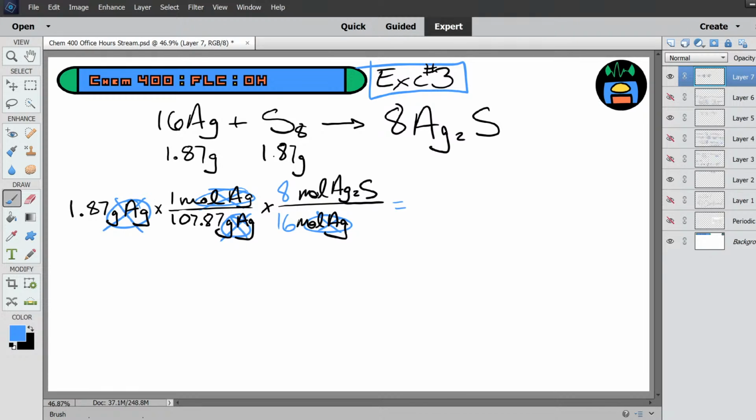Oh, you know what? It asks this for the second part, so why not be thorough? So this will just be all of problem 9. For that last step, we go from moles of silver 1 sulfide and convert it to grams. So 107.87 times 2 plus 32.07.